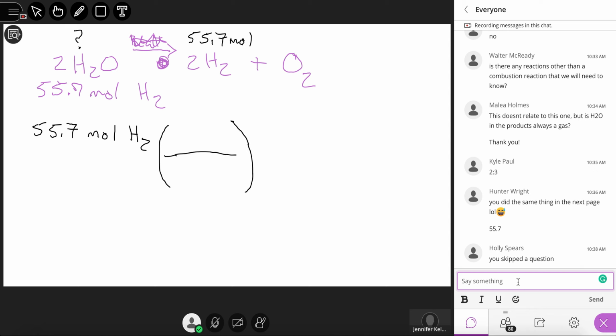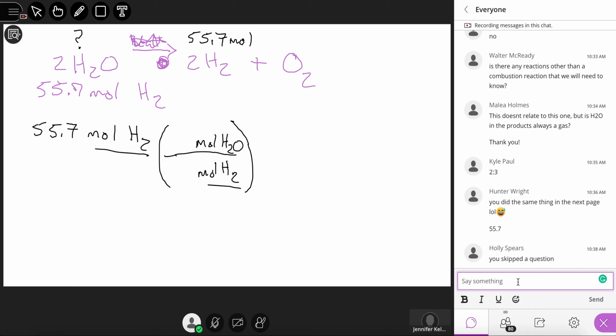All right. So I'm going to have moles H2. I need it on the bottom because I've got moles on the top, so I need moles on the bottom, so we'll cancel. And I'm trying to find out about water, so that's going to be on the top. And when I go from moles of one thing to moles of something else, I'm going to need coefficients. So when I have an equation, and I'm going from moles of one thing to moles of something else, I use the coefficients.